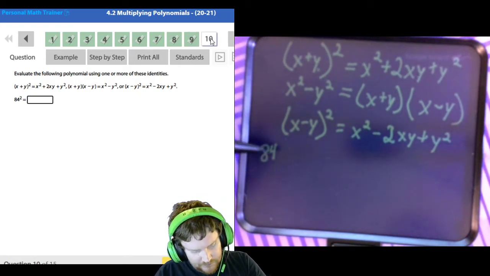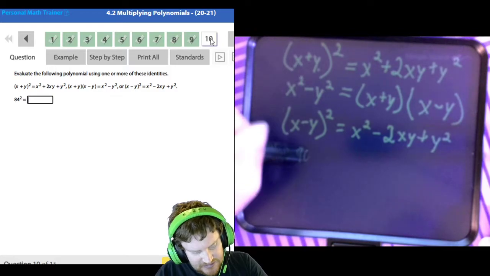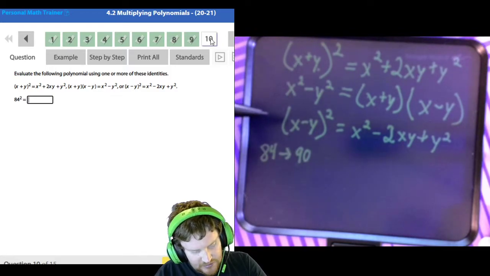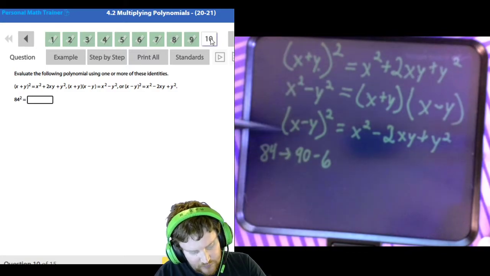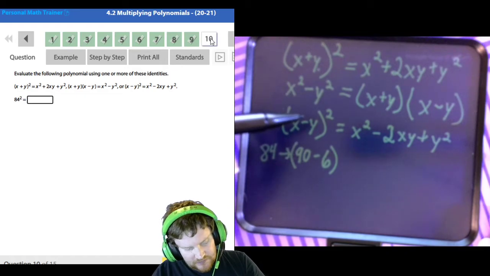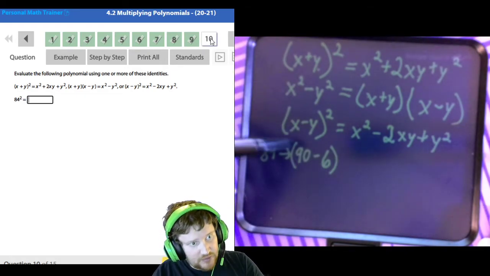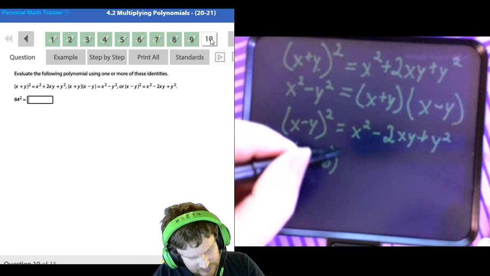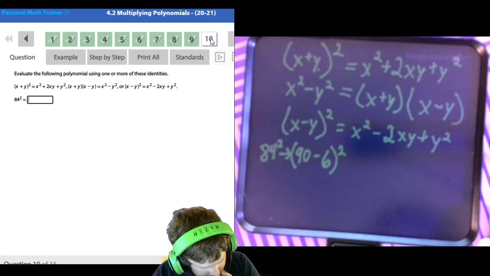So effectively what they're saying is, if I have 84, well, for me personally, 90 is an easy perfect square, and 90 minus 6 equals 84. They want us to not just multiply, so I can replace 84 with 90 minus 6.